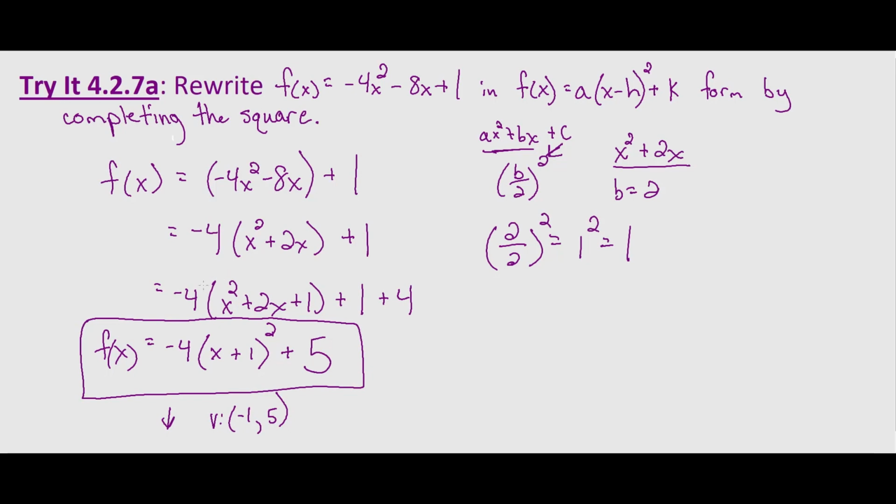And remember, whatever we're adding or subtracting inside the parentheses has to be multiplied by what's on the outside of the parentheses, so we have to counteract that by doing the opposite operation with the same value with the constant that's left on the outside of the parentheses. So f of x equals negative 4x squared minus 8x plus 1. When we do complete the square and simplify, we get f of x equals negative 4 times x plus 1 squared plus 5.